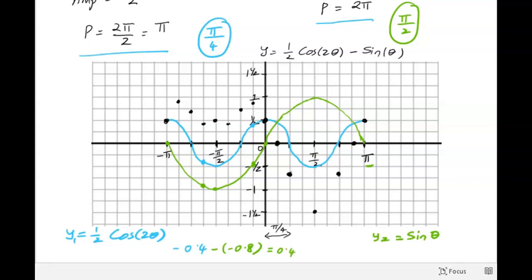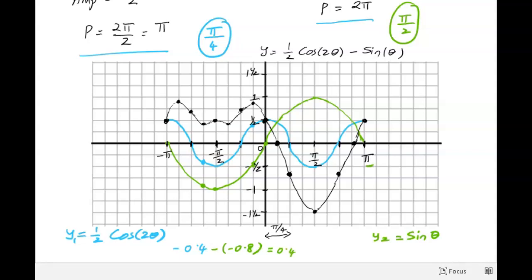So let me just combine this graph with the curve. As you can see, it is a really funny looking graph. So that's why it's really critical that you try and get as many points as you possibly can to get a more accurate picture of the combined graph of a half cos 2 theta minus sine theta.